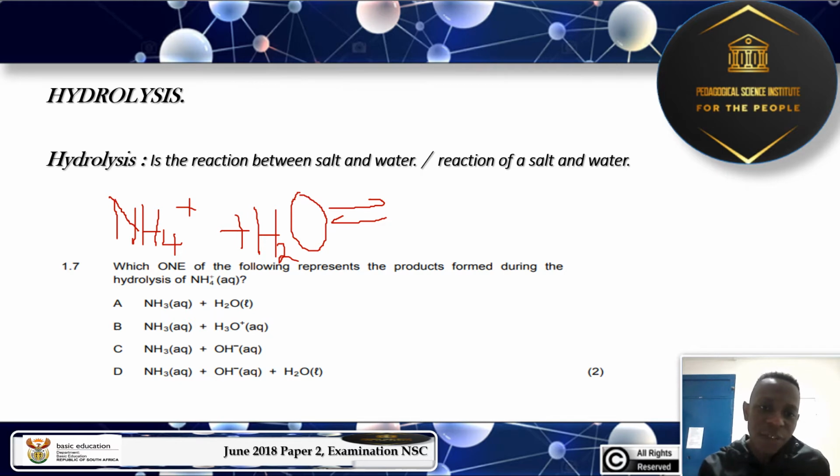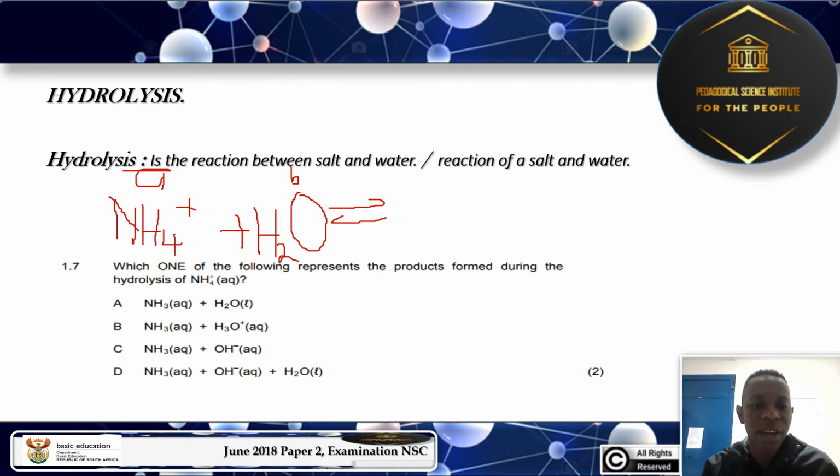Because we see this plus, NH4+ is an ammonium, so obviously it is an acid. Then H2O is a base.